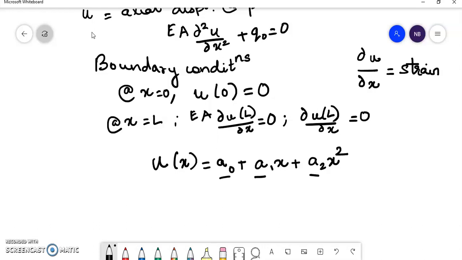Now when we use the first boundary condition, boundary condition 1, we get a0 equals 0.